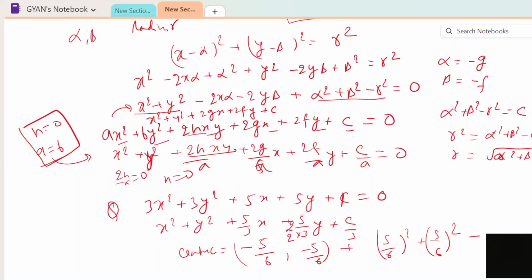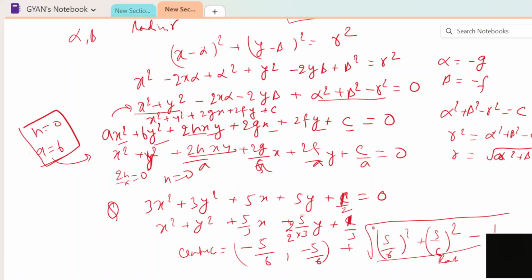Suppose c is 1, so 1 by 3 under root. So this will be the radius.